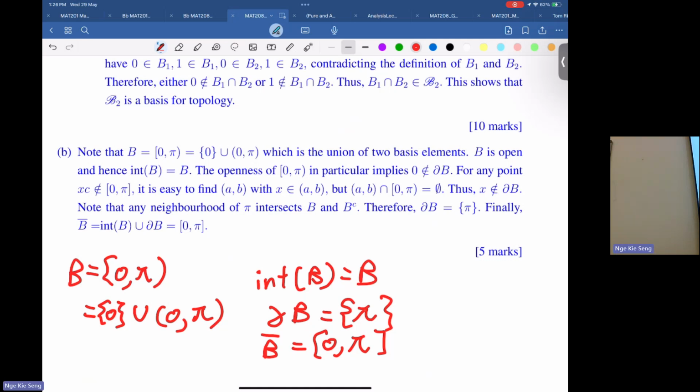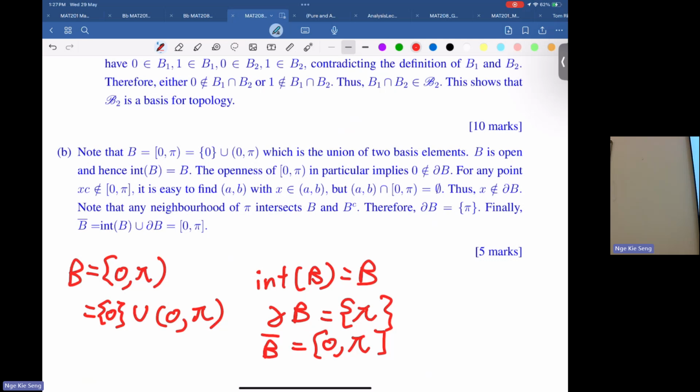This one is a topology, so you need to use the topology. Every point in B has an open neighborhood that contains that point and is in B. So I produce an open neighborhood for all the points here. 0 also has an open neighborhood.